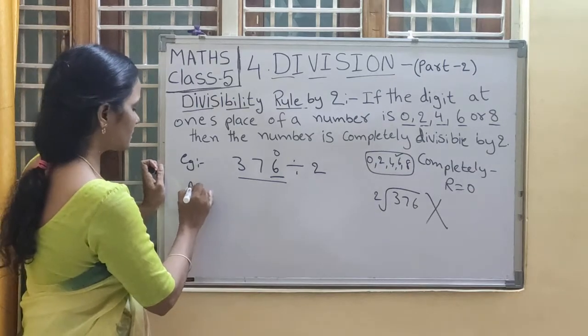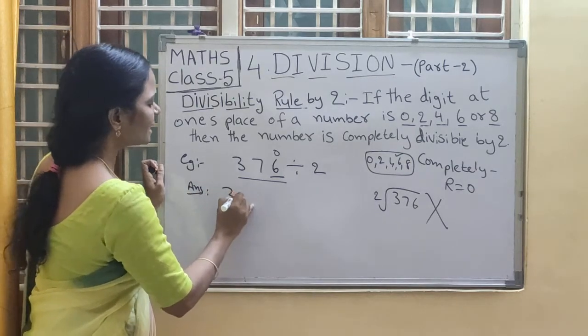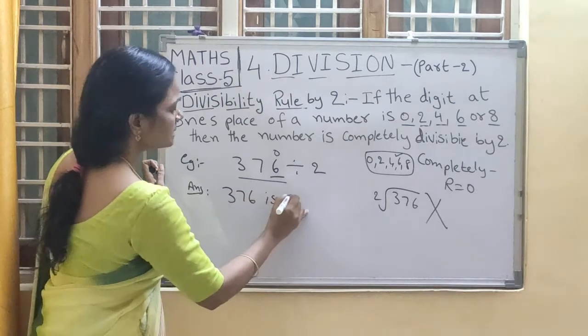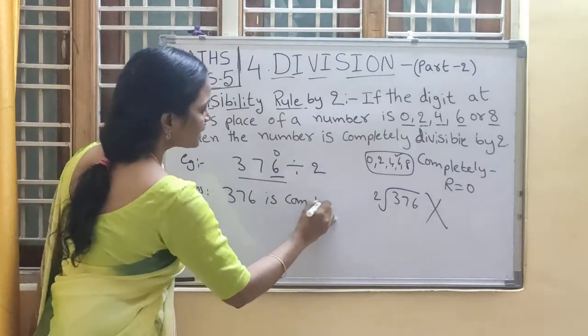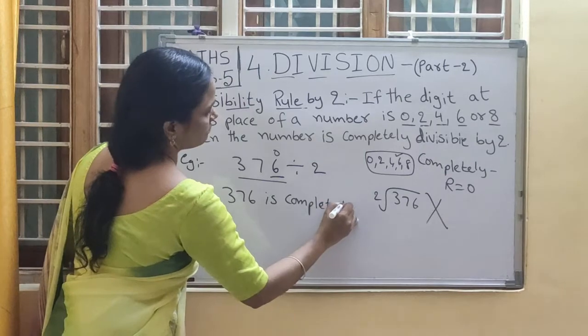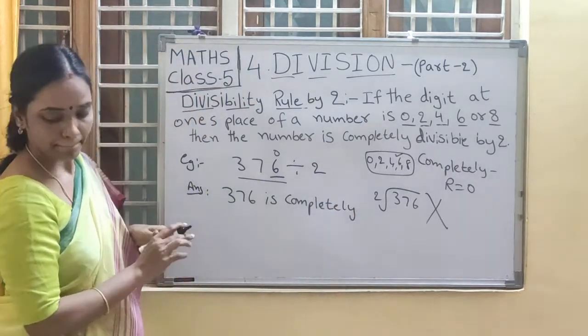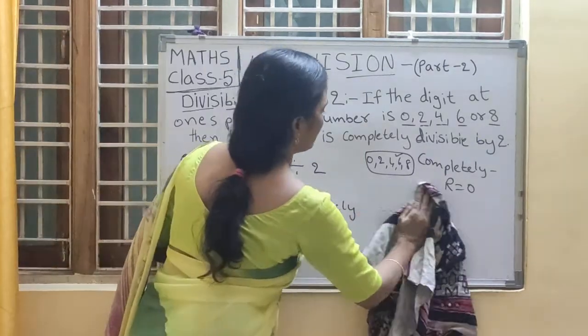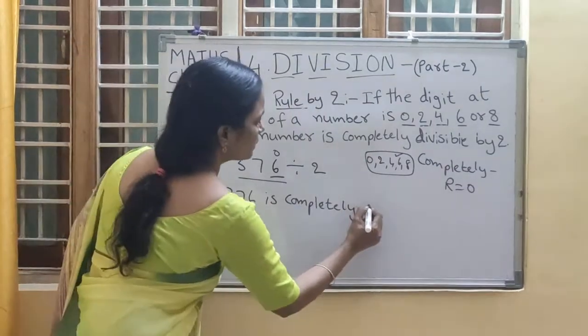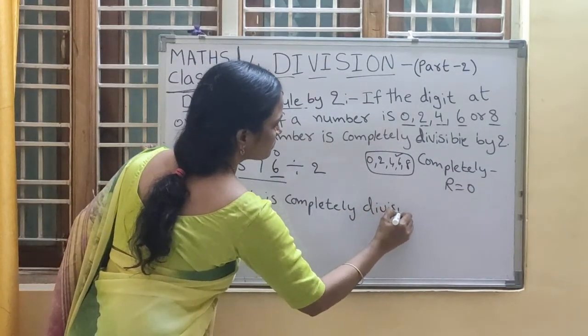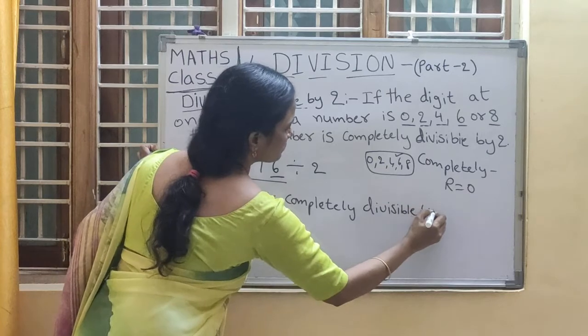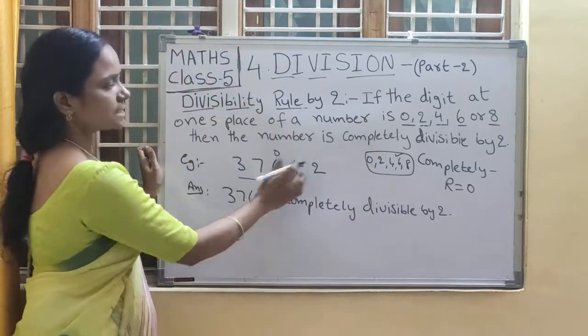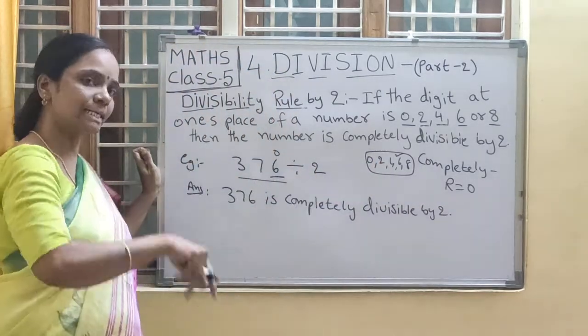So write down the answer: 376 is completely divisible by 2, because 6 is at one's place.